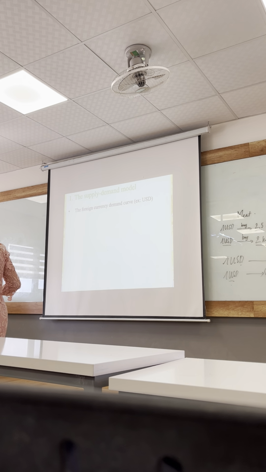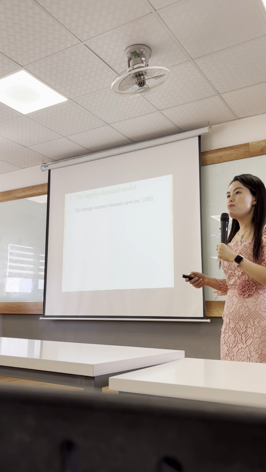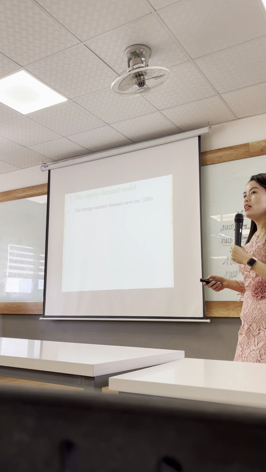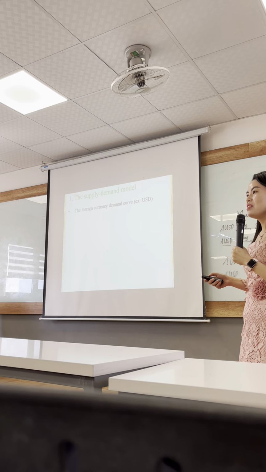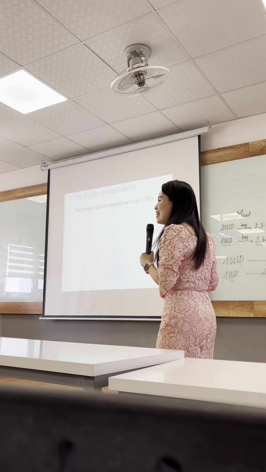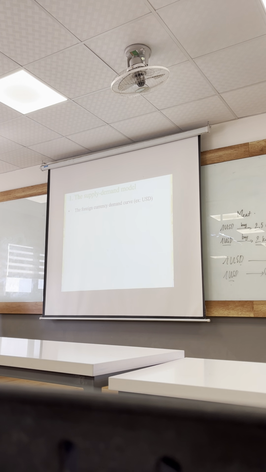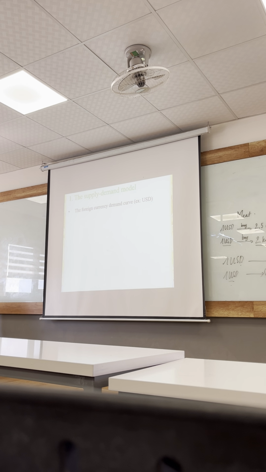Okay, so this is the demand curve. Can anyone tell me about the shape of the demand curve? Normally it is a downward sloping curve, and we usually use it in linear form so that we can analyze easily.